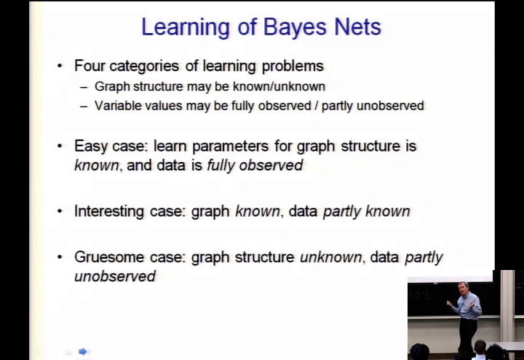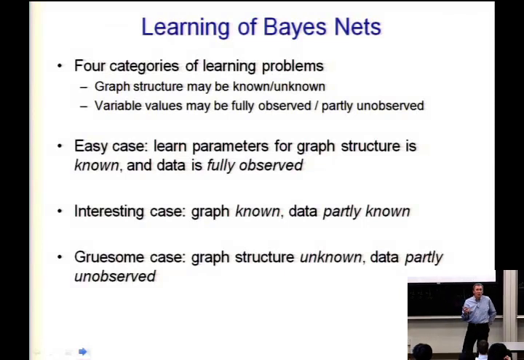But today we're going to consider the possibility that we might have data sometimes where we don't really, on every single training example, get to see every single one of those variables, which is a very realistic problem.